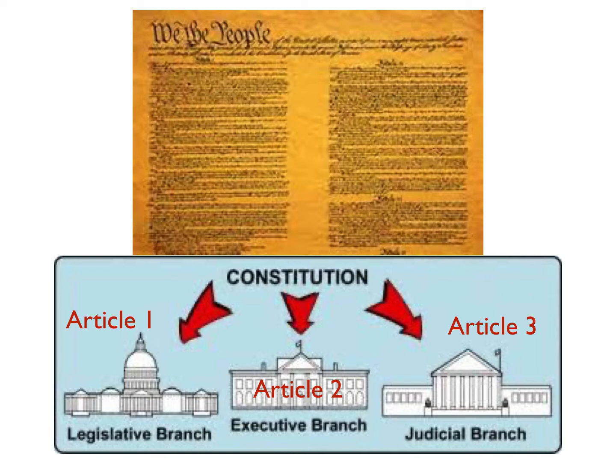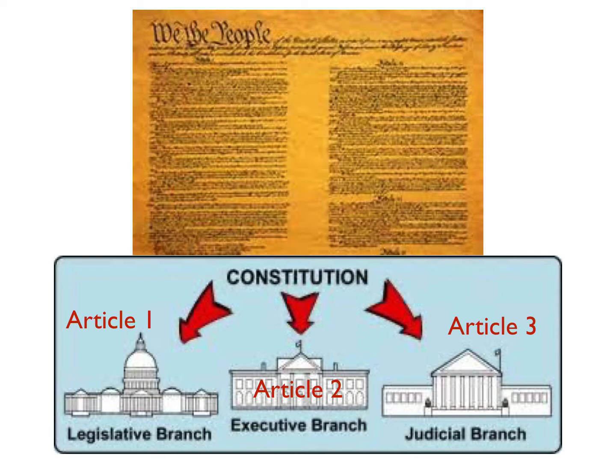Article 2 is a little shorter, but it talks about the executive branch. So the idea that we have a president, well, that's found in Article 2. The idea that a president serves for 4 years, that's in Article 2. So all of the rules about the president fall in Article 2. Article 3, the third chapter, the third chunk, is all about our federal courts. So we call that the judicial branch.